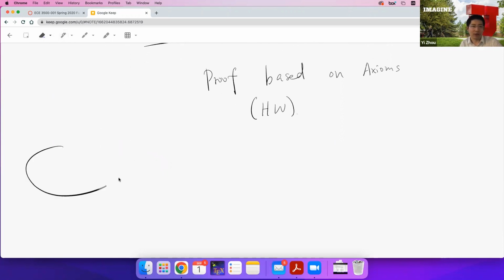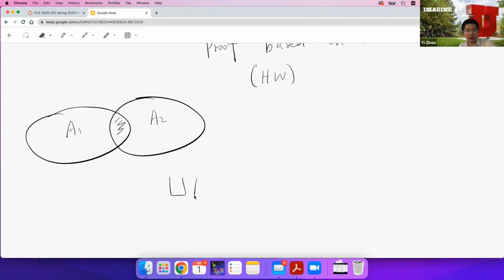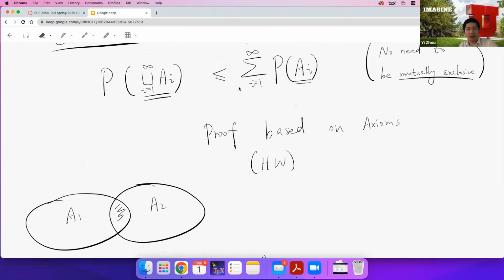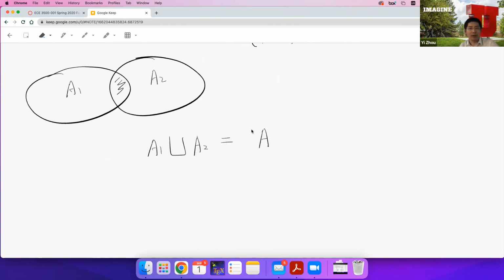So suppose we have two events, and they have a possibly overlapping part. This union event can be written as, we need to decompose it in a way so that we have the individual events in the decomposition.